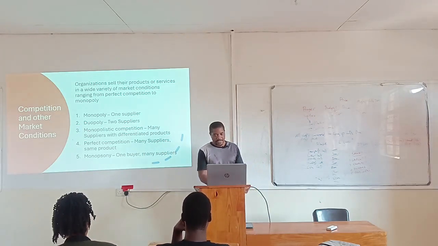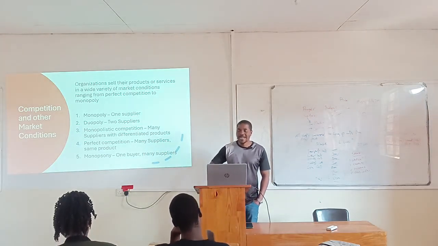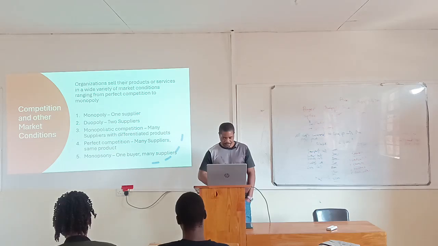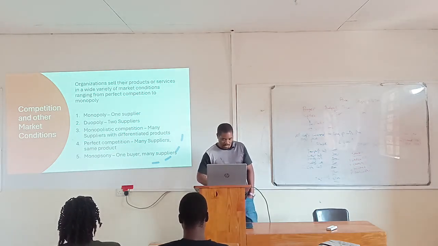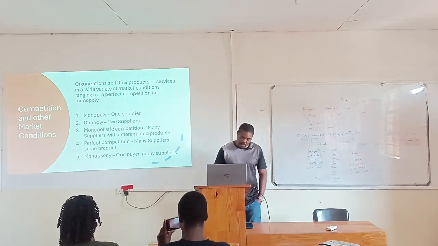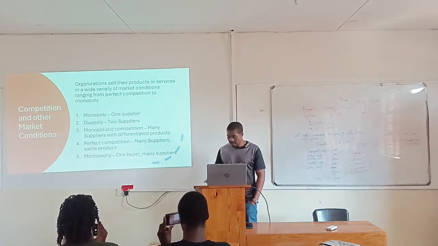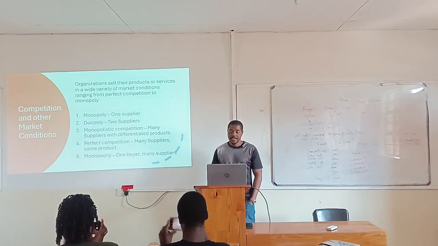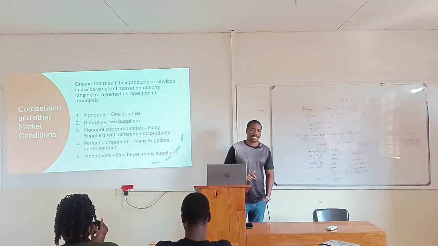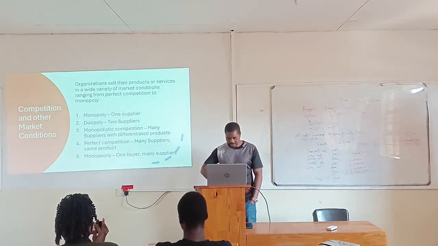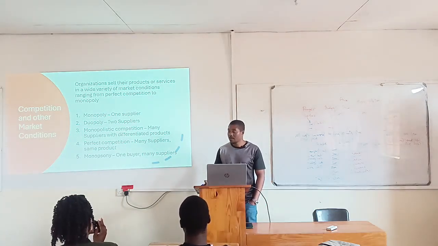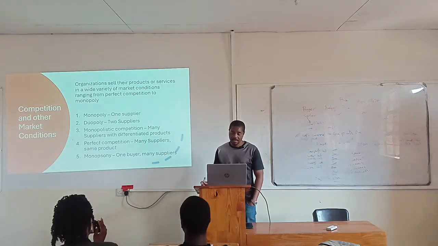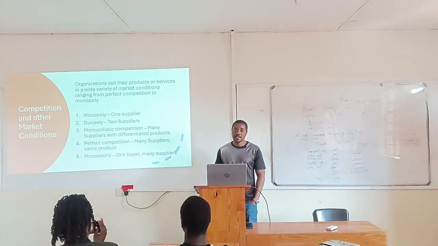Let's look at other things such as competition and market conditions. So any organization sells its product in a variety of market conditions. We're going back to economics again. So we know about monopoly, yeah, duopoly.